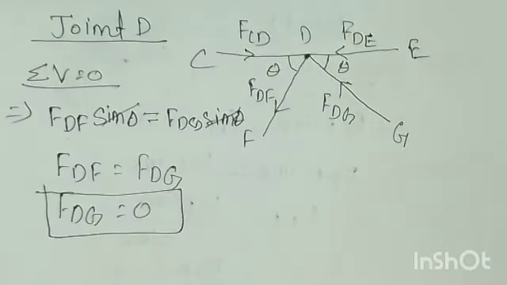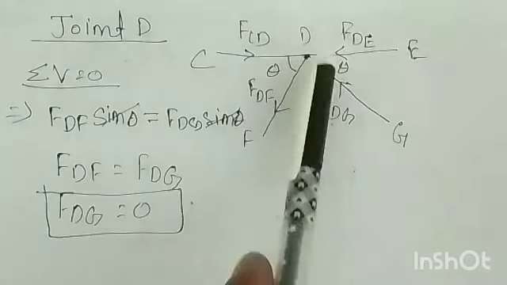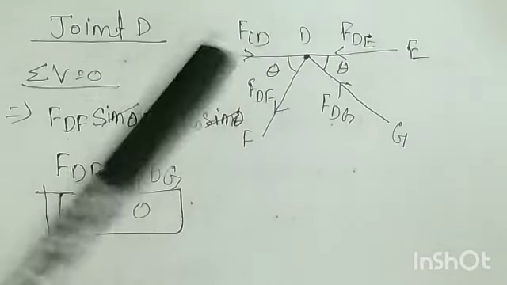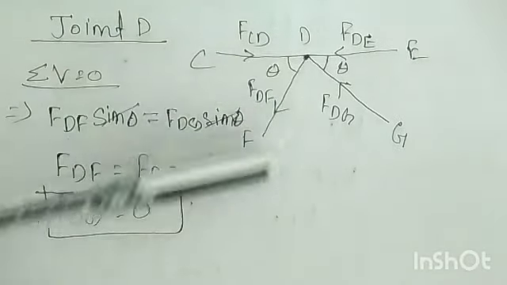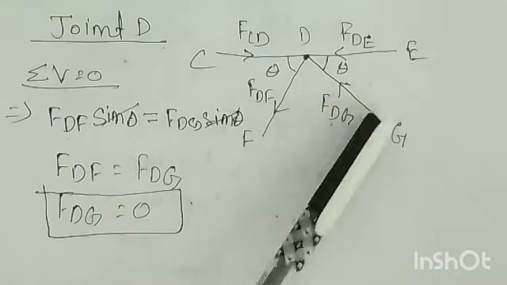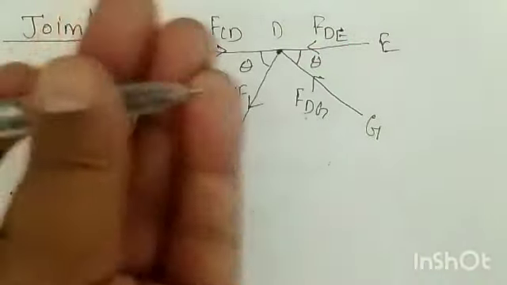Similarly we can write summation of H. Summation of H means what? Horizontal force FCD, horizontal force DE, its horizontal component and its horizontal component. If you look, this arrow is downward, so its horizontal component will go towards the left. As the arrow is like this, the horizontal component will go towards the left.